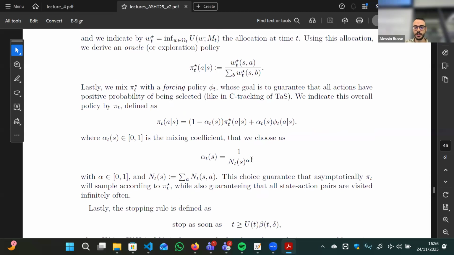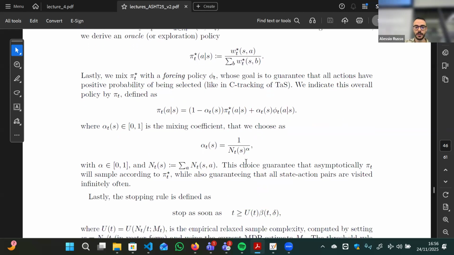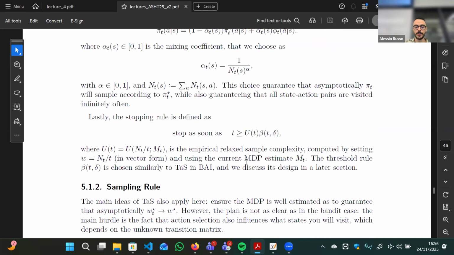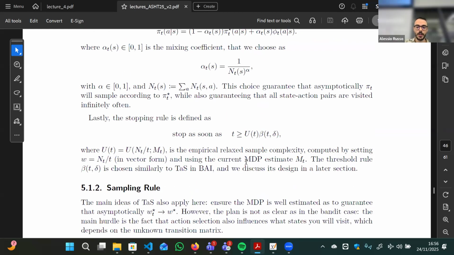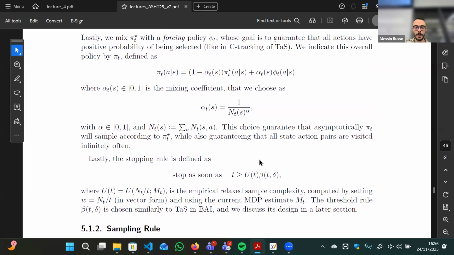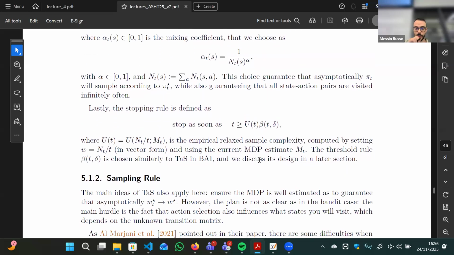This is a hyperparameter that you can tune. In the proof, it didn't have much effect, but in the lecture notes, I also choose a different forcing policy than the uniform. And if you choose a different forcing policy, then you need to tune this alpha. You can also check the lecture notes for more details.